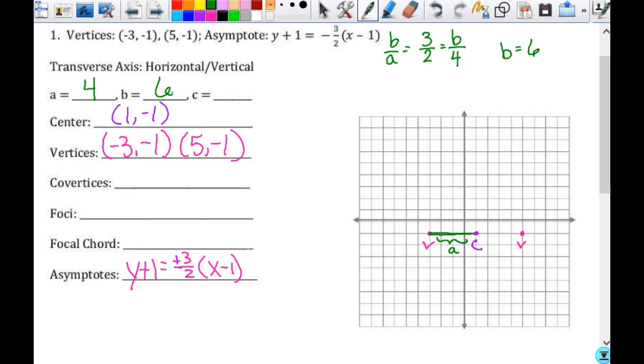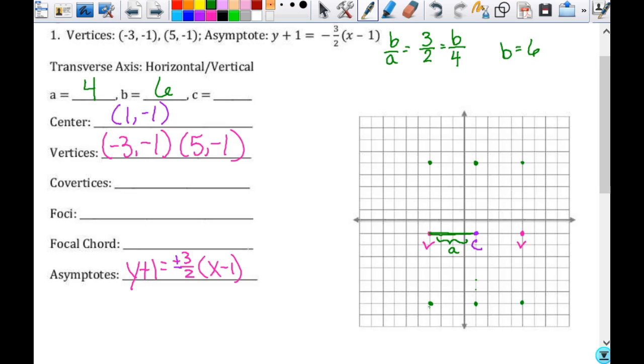So I can go ahead and graph that, and from the center point, I can go 1, 2, 3, 4, 5, 6. 1, 2, 3, 4, 5, 6. So what this gives me is my little rectangle, so that I can graph the lines. I could have graphed them from what I had, but it just makes it a little bit easier to do.